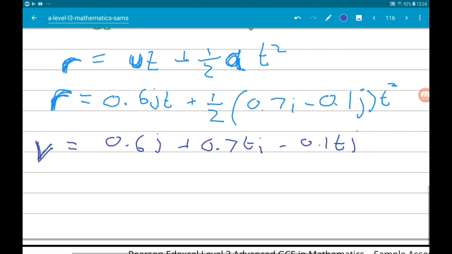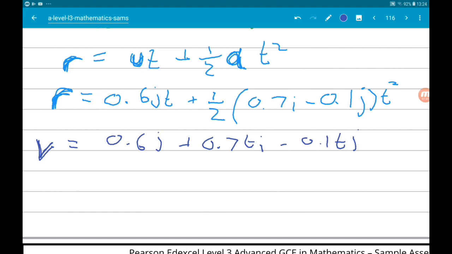Okay, so we have 0.7 ti, and then we have add 0.6 minus 0.1 tj.